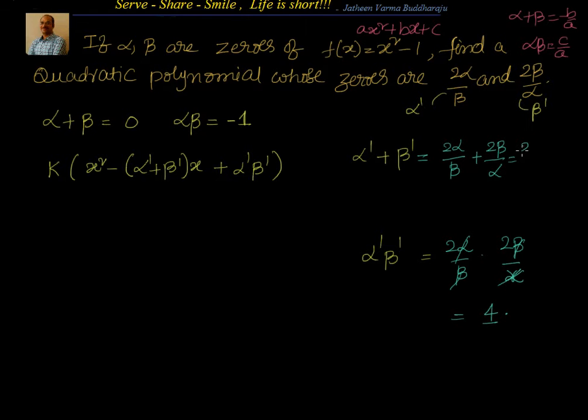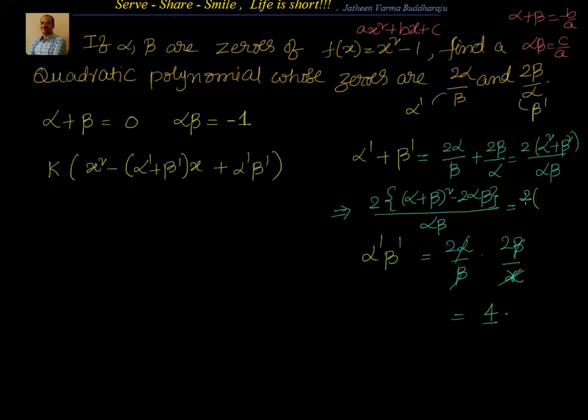That is equal to, if you do LCM, 2 into alpha square plus beta square by alpha beta, which is nothing but equal to 2 into alpha plus beta whole square minus 2 alpha beta divided by alpha beta, which is equal to 2 into alpha plus beta whole square is 0 minus 2 into alpha beta is minus 1 divided by alpha beta equal to again minus 1.